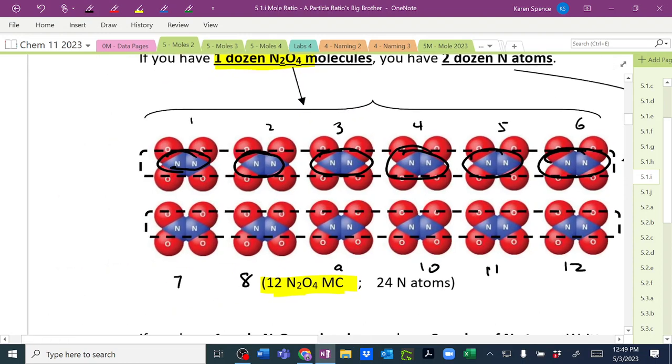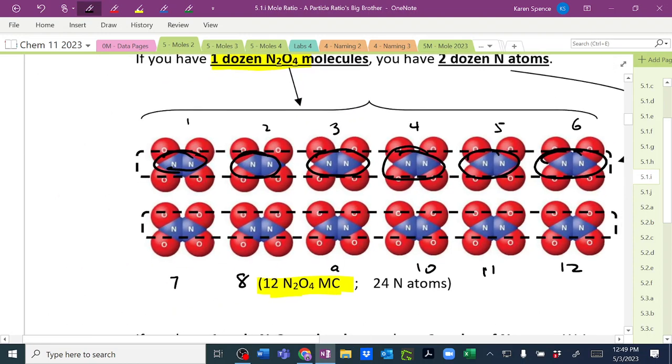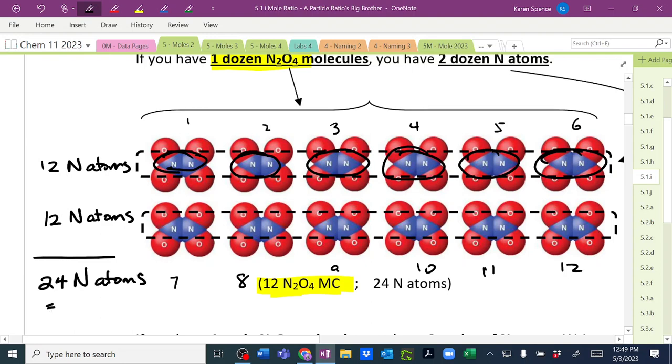So in our first row, we have 12 N atoms. And in our second row, we will also have 12 N atoms, which is equal to 24 N atoms, which is equal to 2 dozen N atoms.